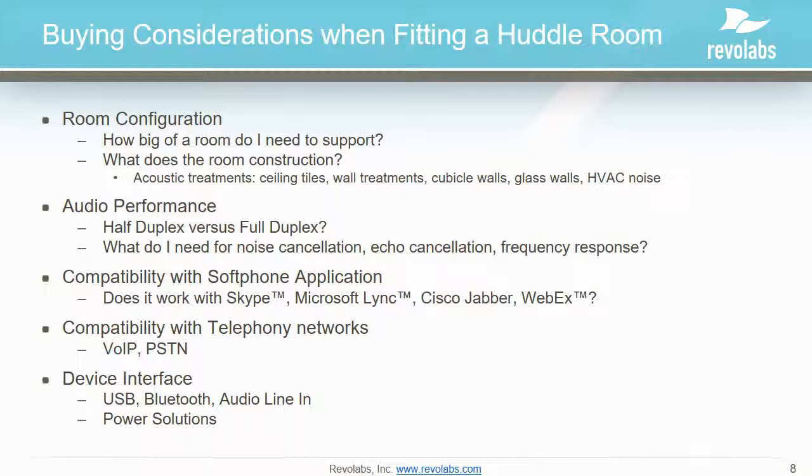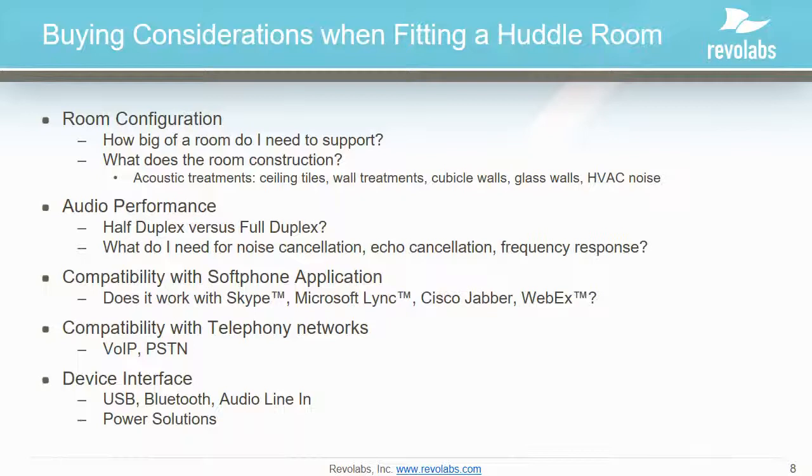From an audio performance perspective, I just mentioned noise cancellation and echo cancellation, but you also want to understand, is this a full duplex system? Most systems will be full duplex, but how they handle echo and how they handle noise reduction may impact your performance, and that means, can I have a normal conversation like I'm having here with Gary, where we're going back and forth and we can interrupt each other if we need to?